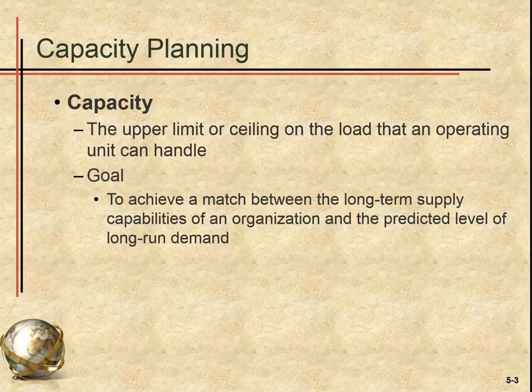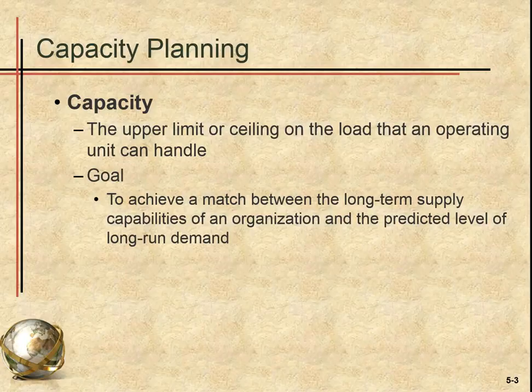So, what is capacity planning? Capacity, if you look at the definition, is the upper limit or ceiling on the load that an operating unit can handle. But simply put, capacity is basically the maximum amount of units that your factory can produce.